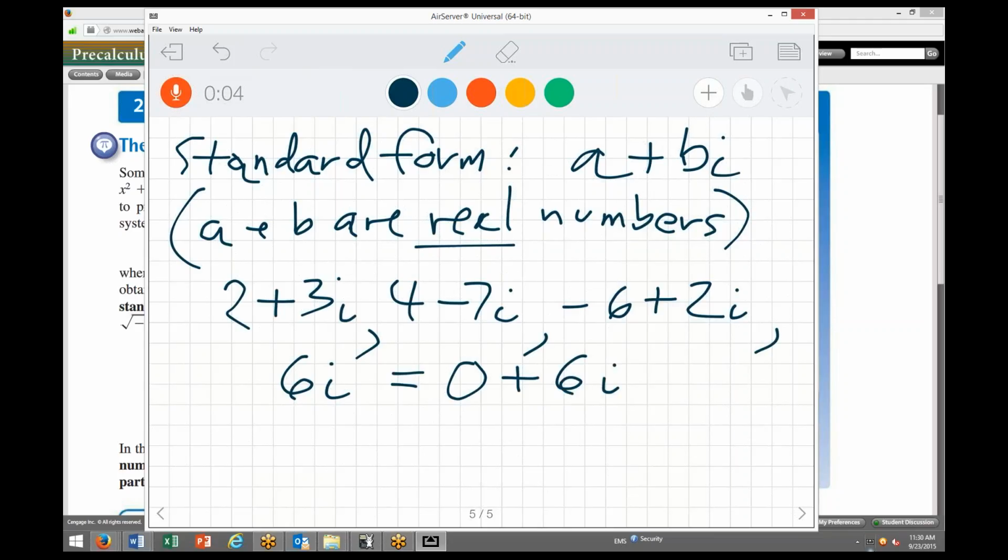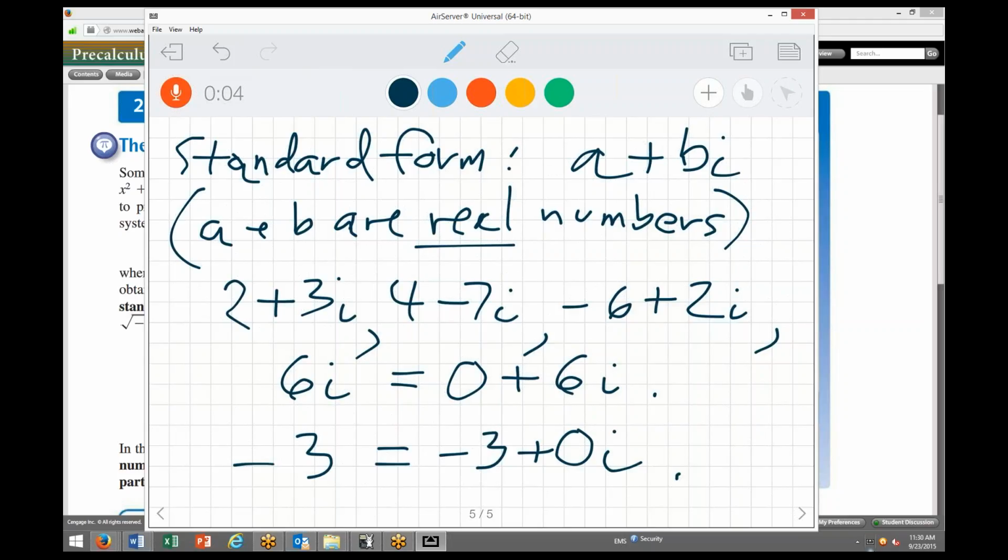Or you can even have -3. How is that a complex number? It turns out all the real numbers, the entire set of real numbers, is a subset of the set of complex numbers, because -3 is actually -3 plus 0i.